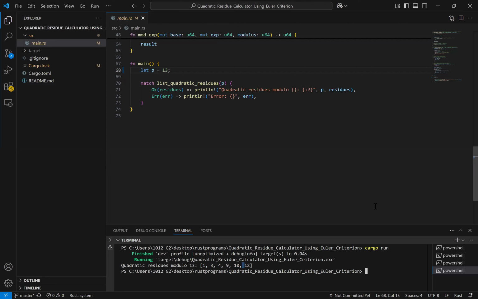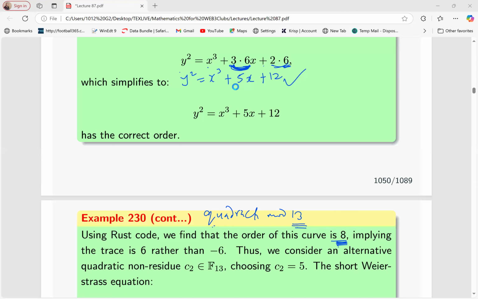So we just pick any and multiply it by that curve, and then try to see whether the curve has the number of points we want. If it does not, we pick another quadratic non-residue. We have so many. You can see we have 2, 5, 6, 7, 8. So we have so many numbers to pick. We pick one at random, multiply by the curve and see whether the curve will now have the points we want.